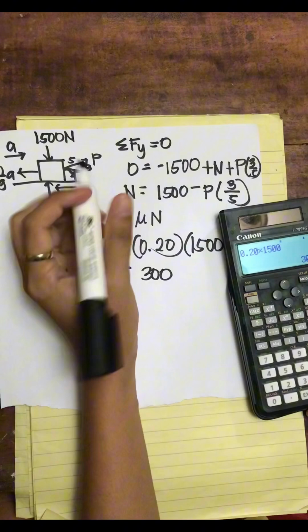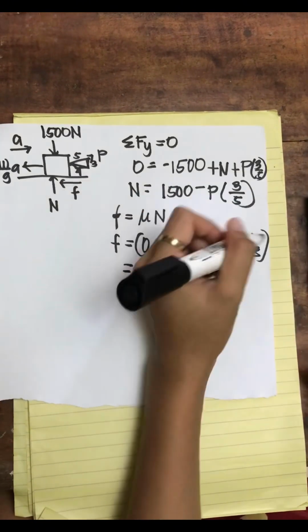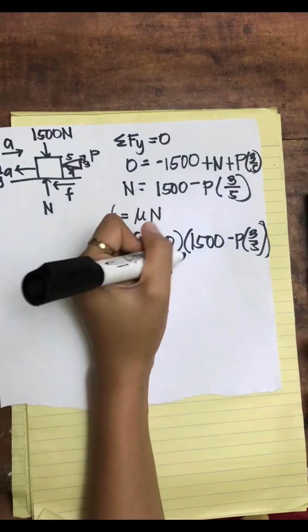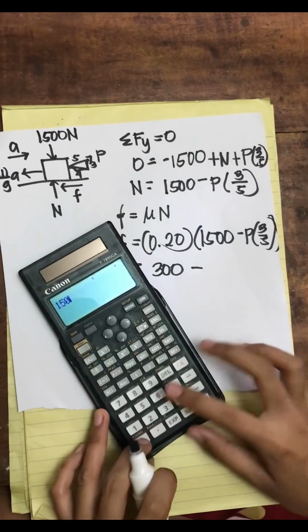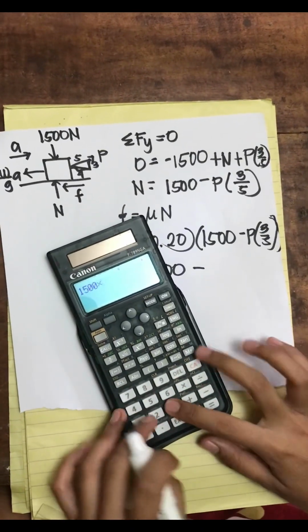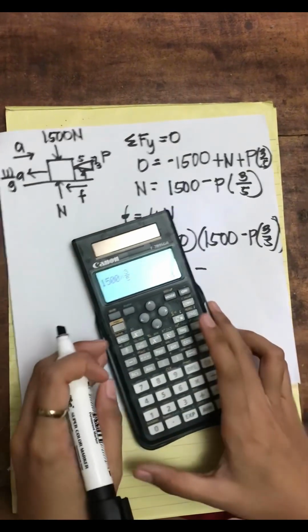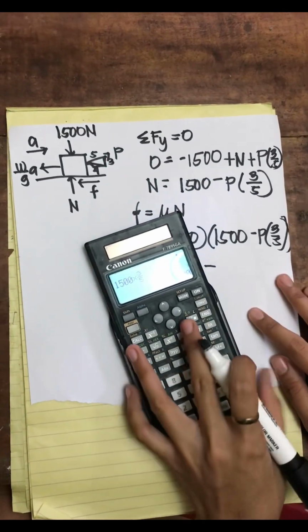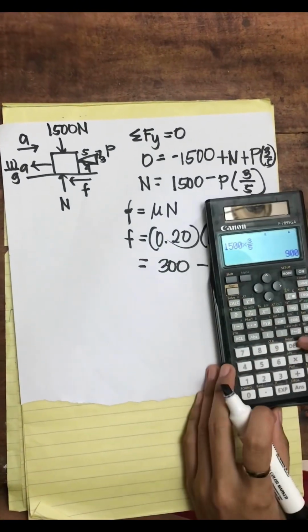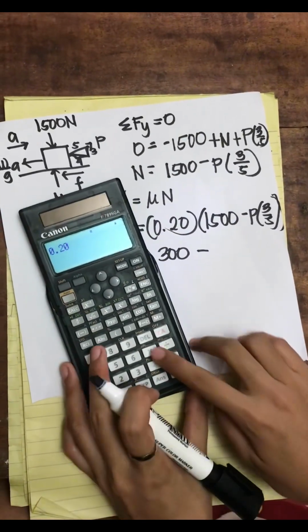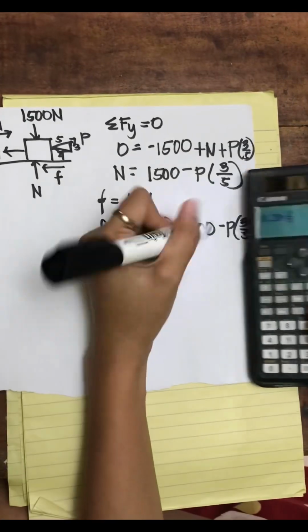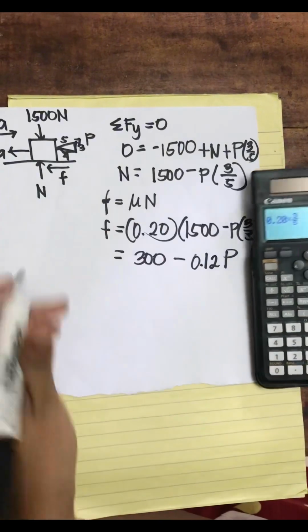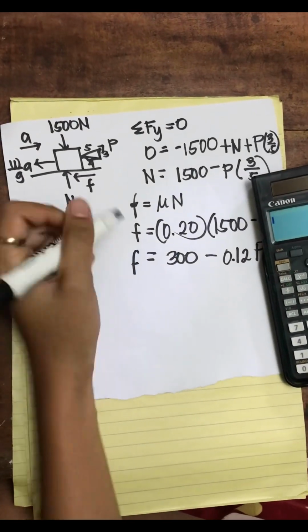Then 0.20, let's distribute the force P, so negative 0.20 times 3 over 5 equals 0.12 P. So we have the frictional force.